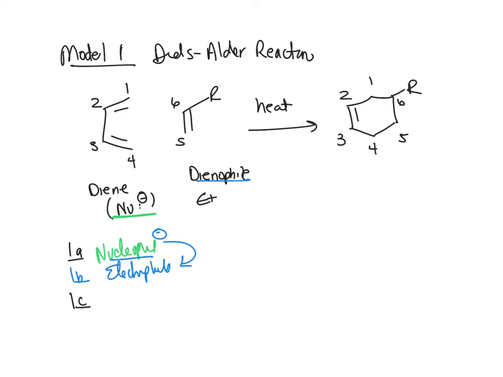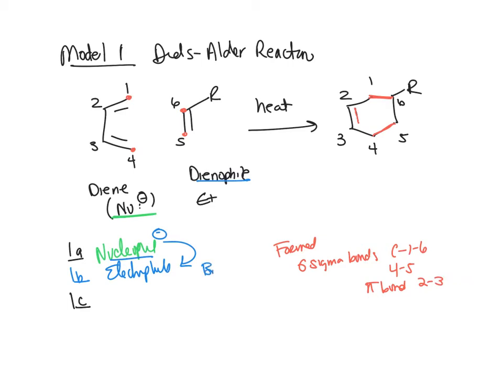1c. For the reaction between the diene and the dienophile, indicate which bonds are broken and which bonds are formed. All right, so bonds that are formed are between 1 and 6 and 4 and 5. Formed are sigma bonds in carbon 1 and 6 and 4 and 5, and then you also have a pi bond between 2 and 3.